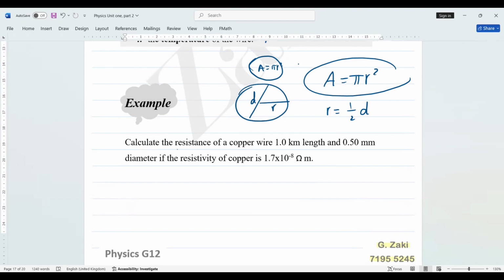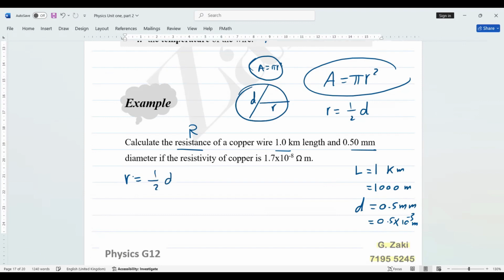Calculate the resistance. So the required is R of a copper wire, 1.0 kilometer length. L must be in meter. So it's 1 kilometer, which means 1,000 meter. And 0.5 millimeter diameter. So the diameter equals 0.5 millimeter. We convert to meter: 0.5 times 10 to the power negative 3. And we find r, the radius.